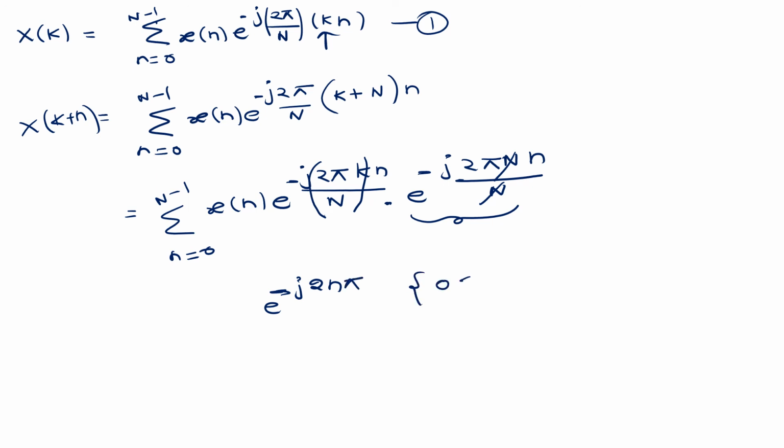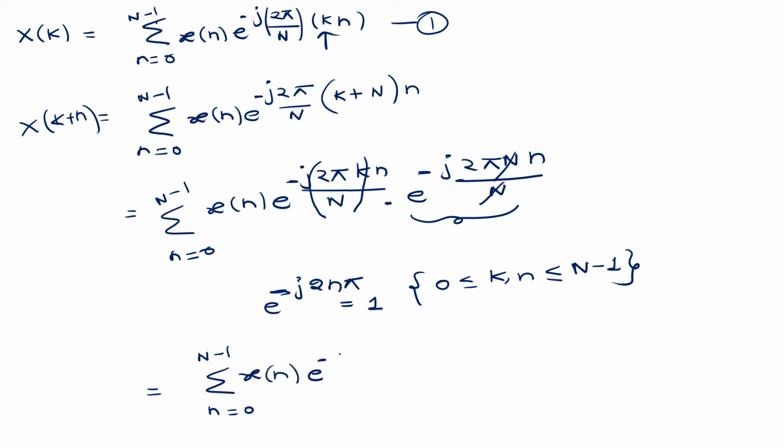We know that whatever k has, n is also in the same range, so this will also be equal to 1. So we will get summation of n equal to 0 to N minus 1 x of n e power minus j 2 pi by N into kn. So this value is equal to X of k, but this is X of k plus N.